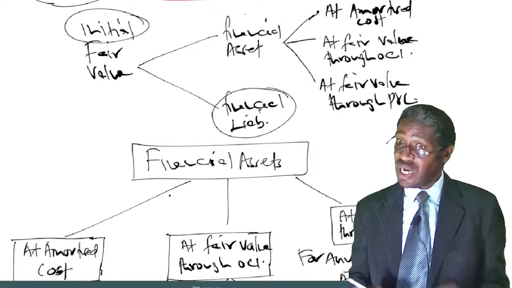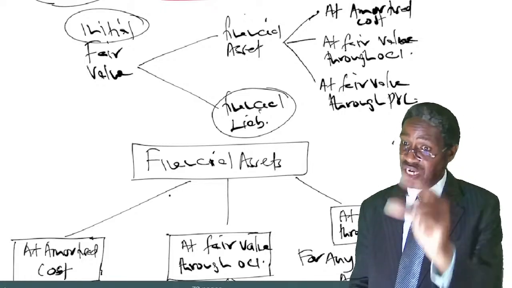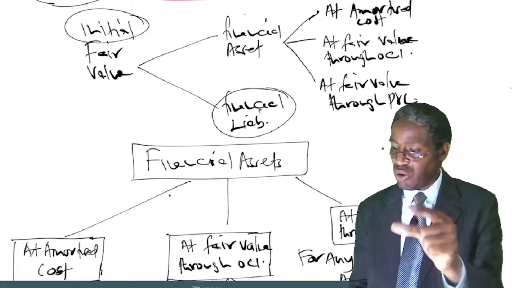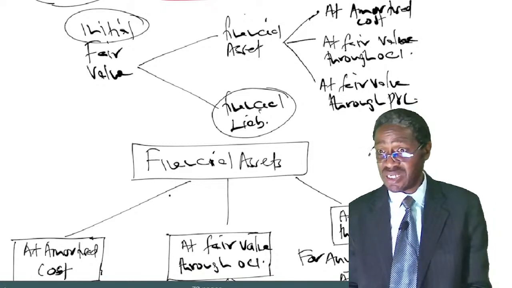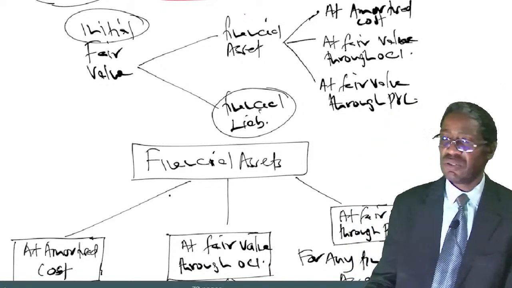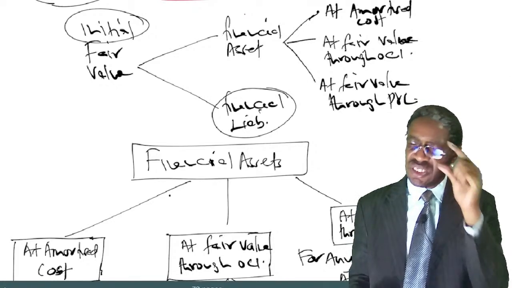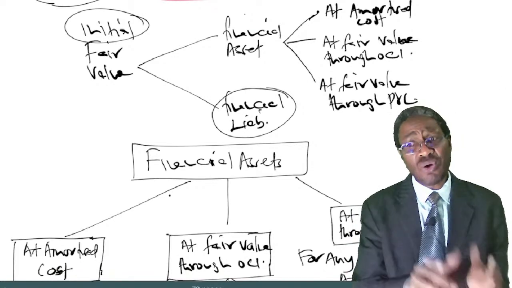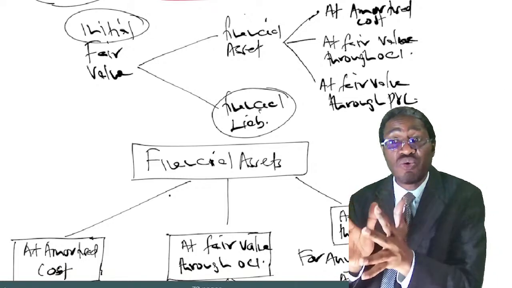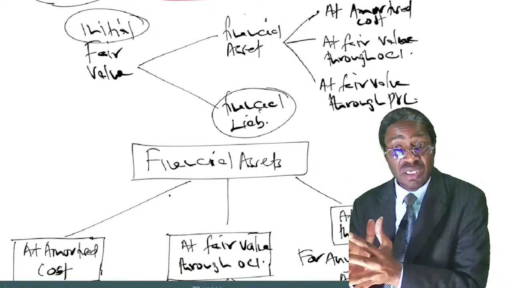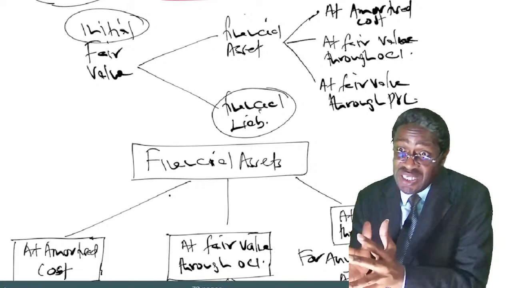We have discussed how to measure financial assets. What about financial liabilities? Now, when it comes to financial liabilities, it is obvious we are not looking at it from the point of view of the investor. An investor cannot have a financial liability.